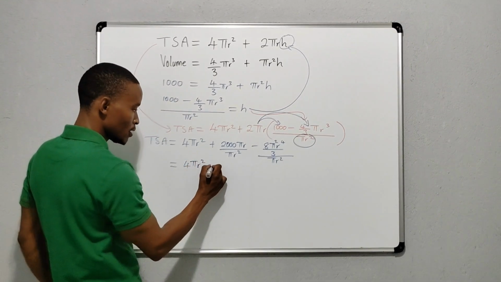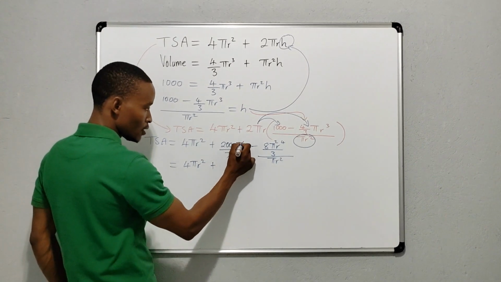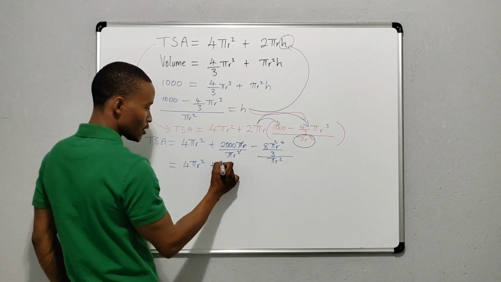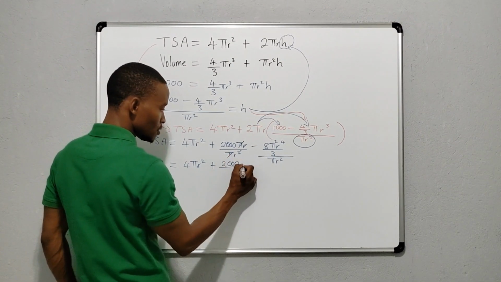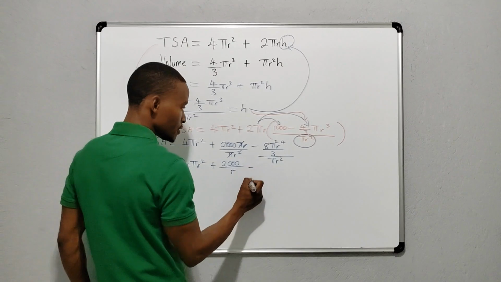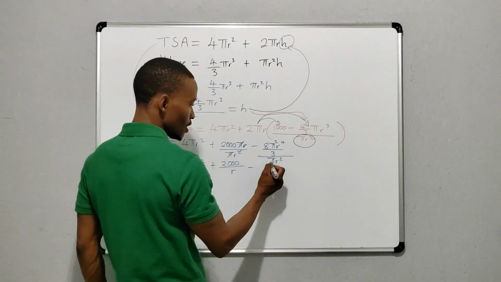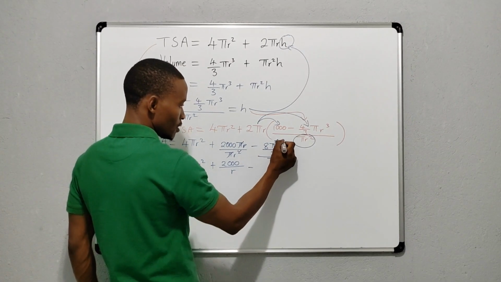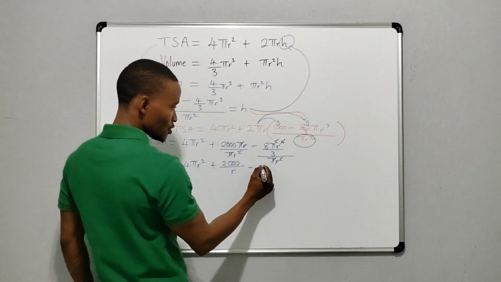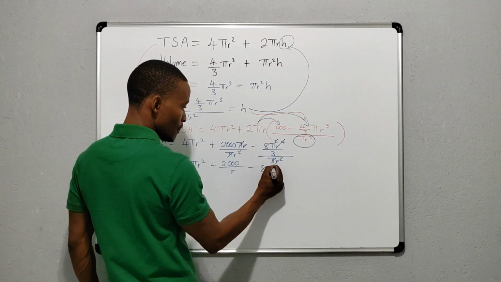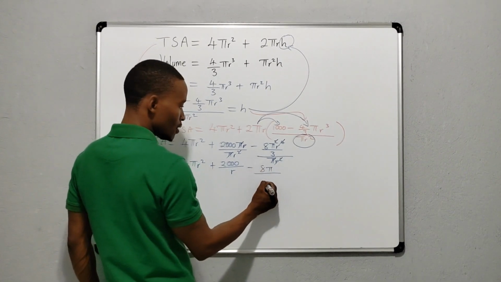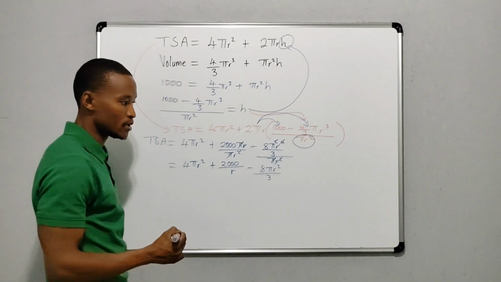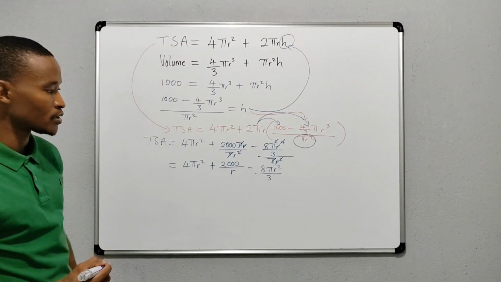Let us work carefully to ensure that we account for all the terms. 4 pi r squared plus, what's going to happen there? Cancellation will happen, and one r cancels there, so you're going to have 2,000 over r minus what? The pi and one of the pi's there, squared, and the r's there, so we'll have 8 pi r squared over 3 that remains in that particular term.